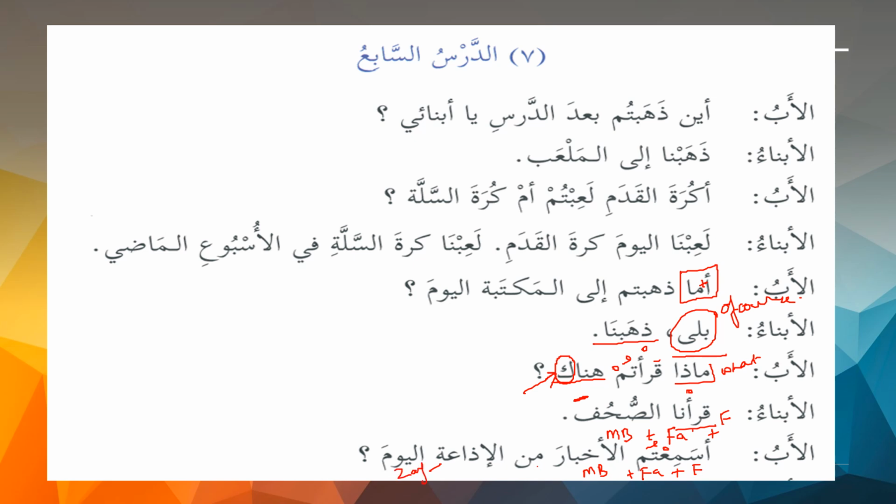So did you hear? أسمعتم الأخبار. أخبار is the plural of خبر. خبر means news and أخبار means the news, it's the plural of خبر, news. So أسمعتم الأخبار من الإذاعة اليوم? Did you hear the news on the radio or from the radio? إذاعة means the radio today.